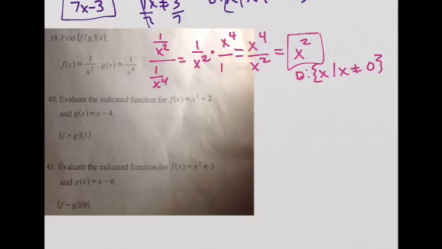Number 40, you are evaluating, so it's up to you if you want to evaluate f of 3, g of 3, and add them together, or first do f plus g, simplify that, and then evaluate it at 3. I'm going to do f of 3 plus g of 3, the second method in your notes.